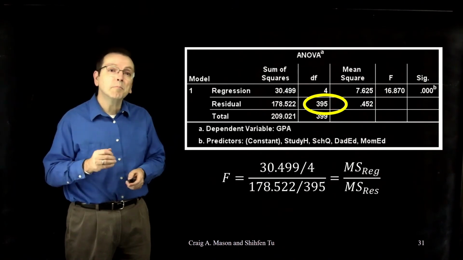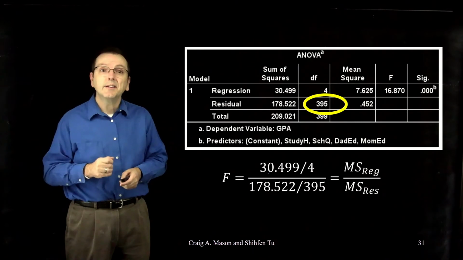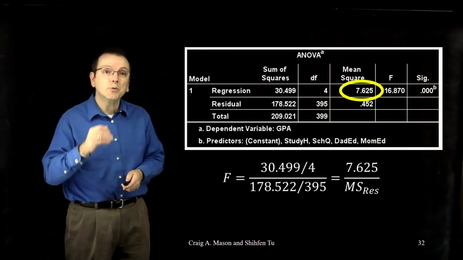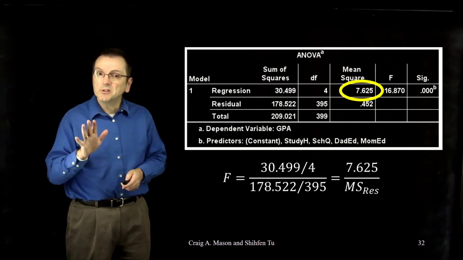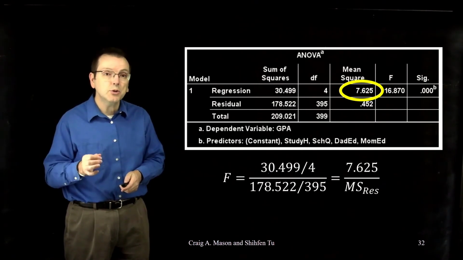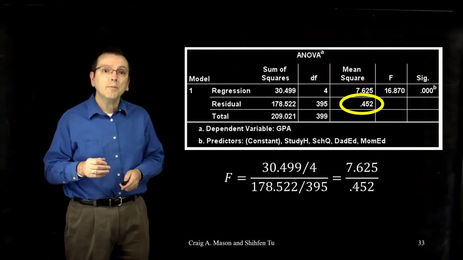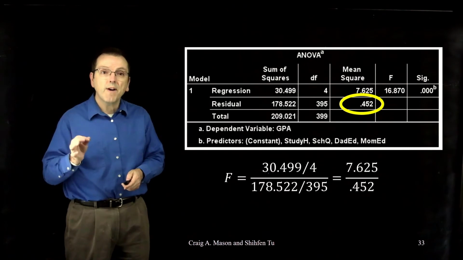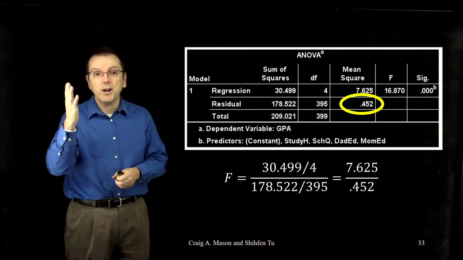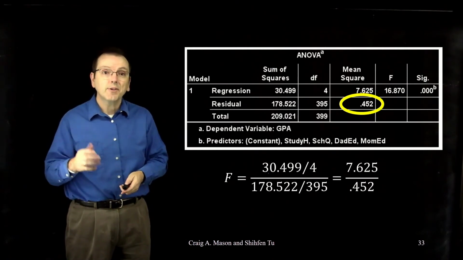This works out to our mean square regression being 30.499 divided by 4, or 7.625, and our mean square residual being 178.522 divided by 395, or 0.452. We then divide the mean square regression by the mean square residual to get our F, which is 16.870.